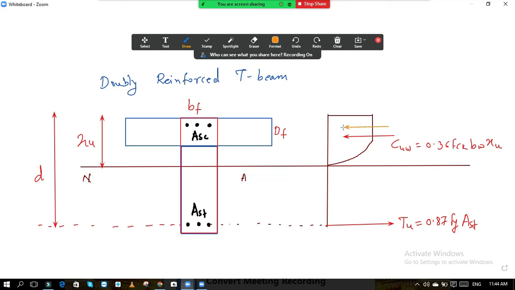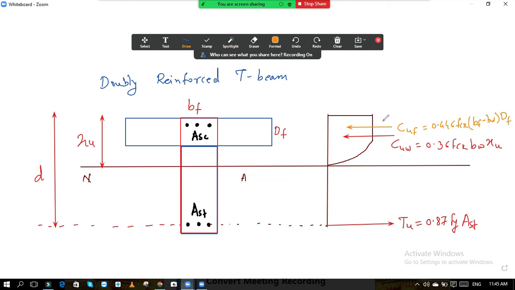So here I will draw it, and this is your CUF, which is equal to 0.446 fck (bf minus bw) into Df.